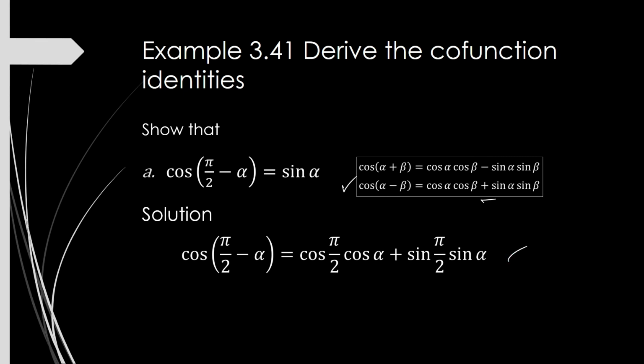It's just the application of your difference of angles identity for cosine. Now, cosine of pi over 2 is equal to 0. So 0 times cosine of alpha is 0. Sine of pi over 2 is equal to 1. So 1 times sine of alpha. So there you have it. It's equal to sine of alpha.